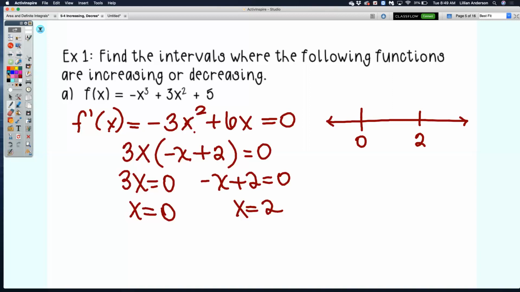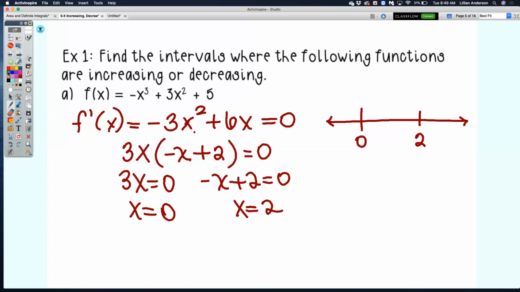After that, I want to find numbers on this number line that are less than 0, or pick out one number that's less than 0, a number that's in between 0 and 2, and a number that's greater than 2. All of this is to help me determine where my function is increasing and decreasing. So I call them test points.